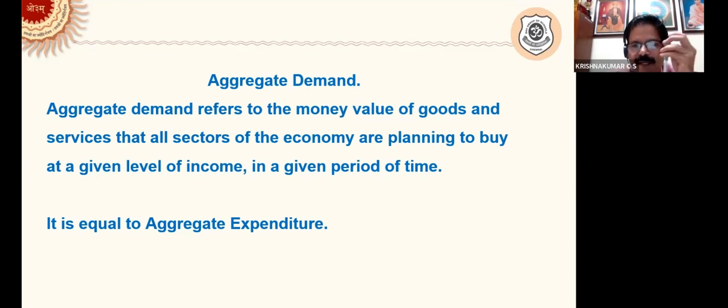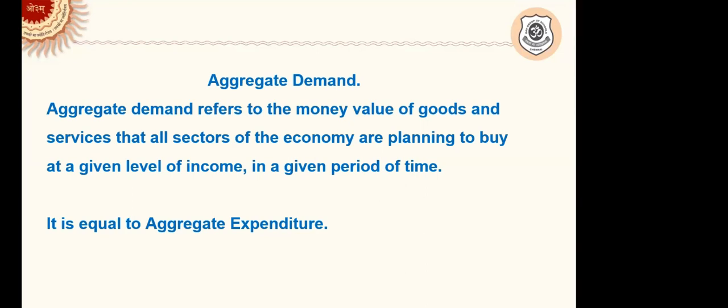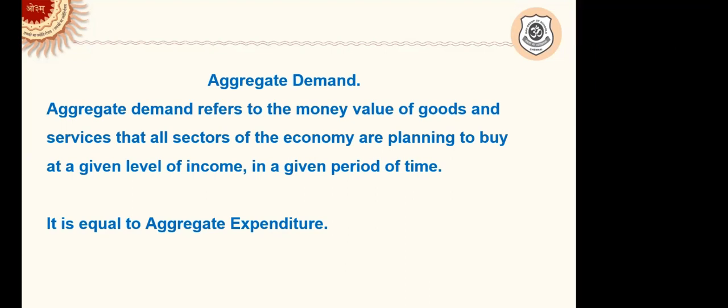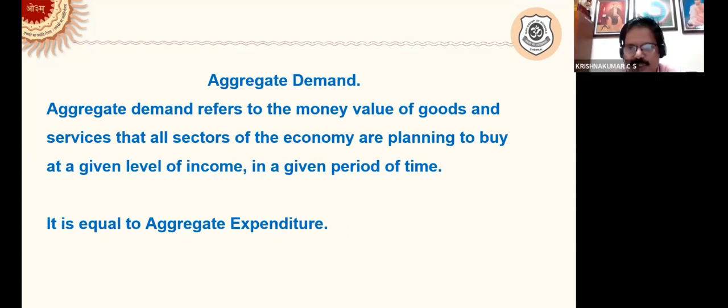Connected with aggregate demand, we know we are learning a 2-sector model at class 12 level. So aggregate demand is equal to C plus I: consumption demand by the households, investment demand by the firms. Because we study a 2-sector model and we assume that there are only 2 sectors in an economy.